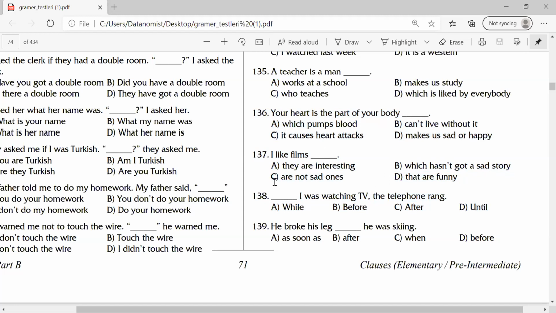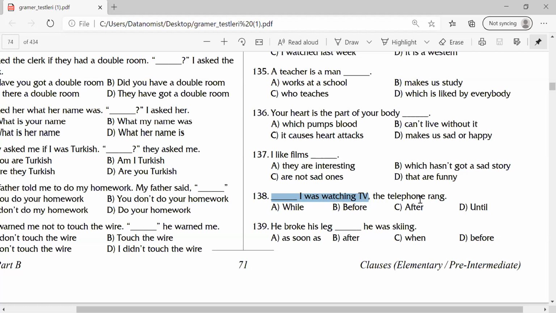I was watching TV, the telephone rang. Yes, here, this is actually when. It's a tense. So this fellow is given action, action, only asking to select the suitable link. So while I was watching, the telephone rang.